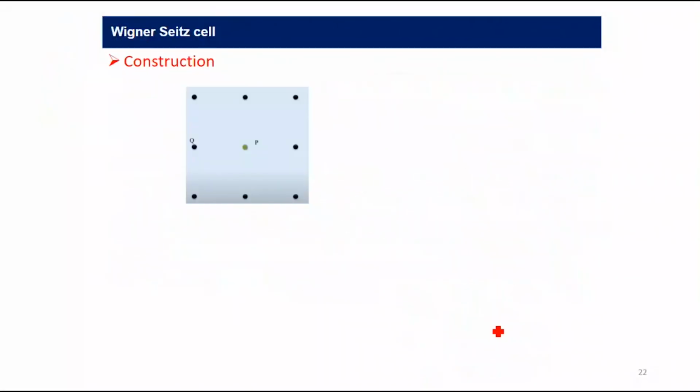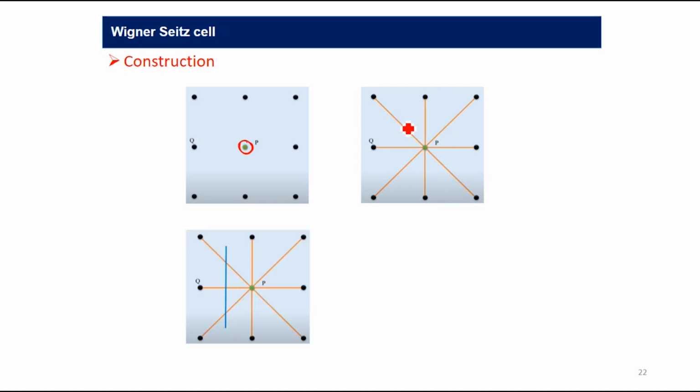So how do you construct it? Let's say this is the lattice, and you want to construct a Wigner-Seitz cell for this particular point. You connect this point to all the neighboring points. Then at the midpoint of every line you draw perpendicular lines.